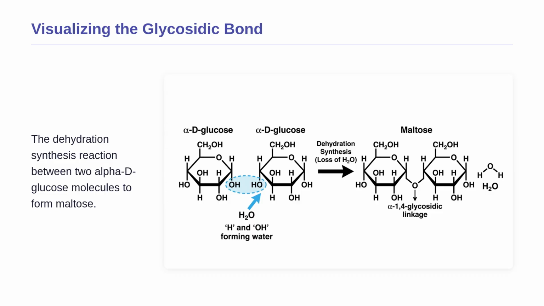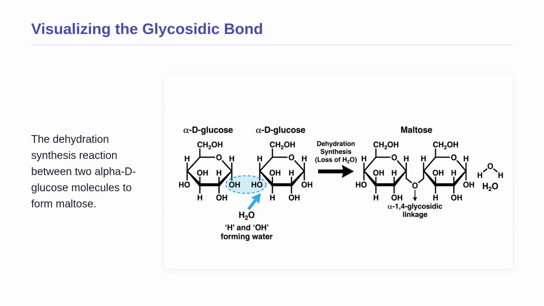Let us visualize exactly what we just discussed by looking at this diagram. On the left, you see two individual alpha-D glucose molecules. Notice the highlighted areas, the hydroxyl group pointing downwards on carbon 1 of the first molecule, and the hydroxyl group on carbon 4 of the second molecule.